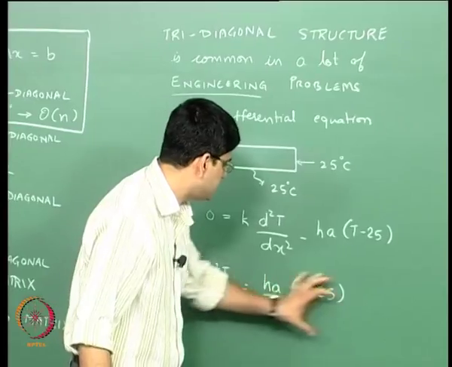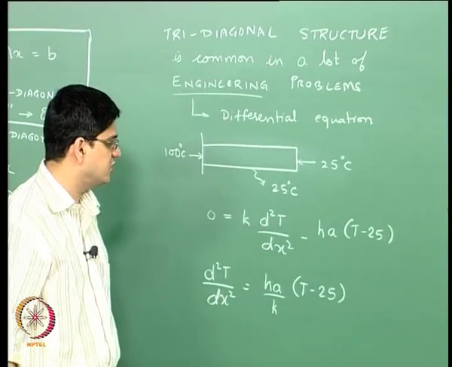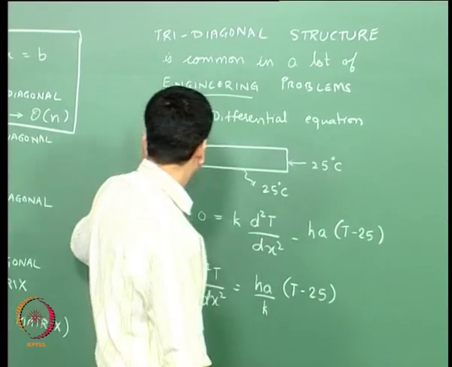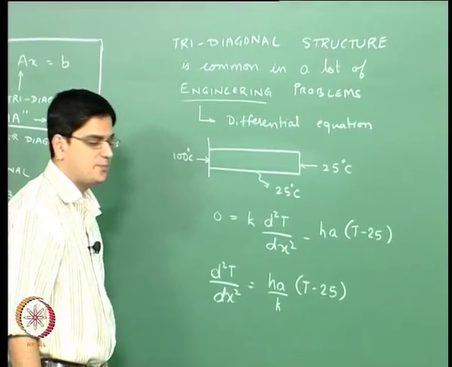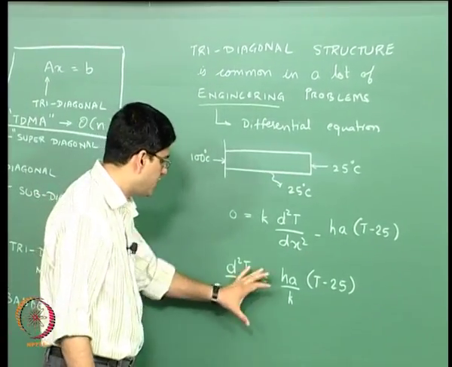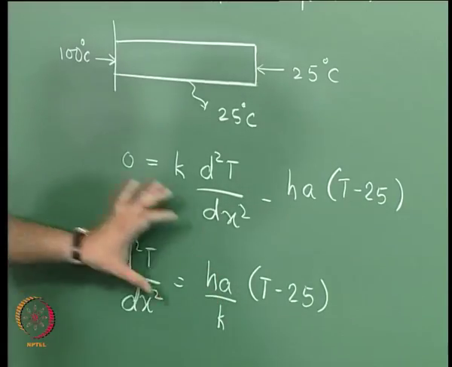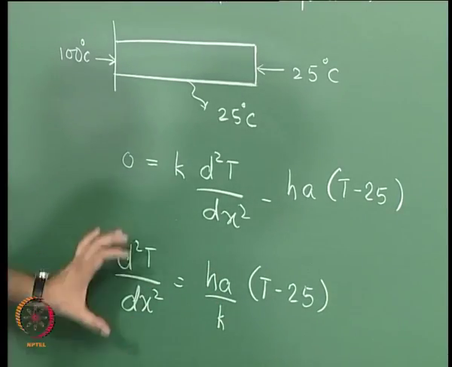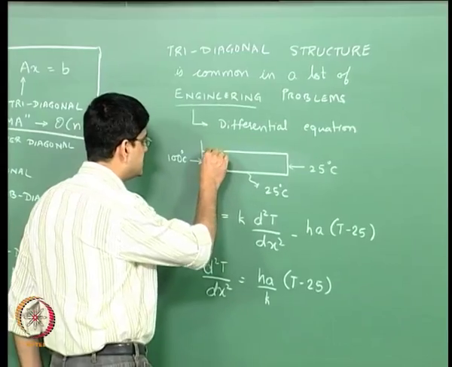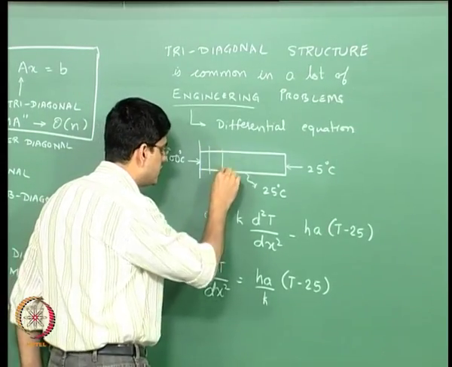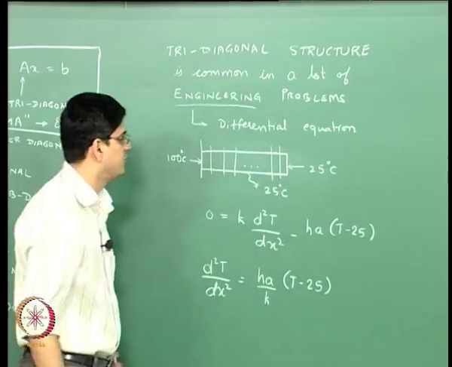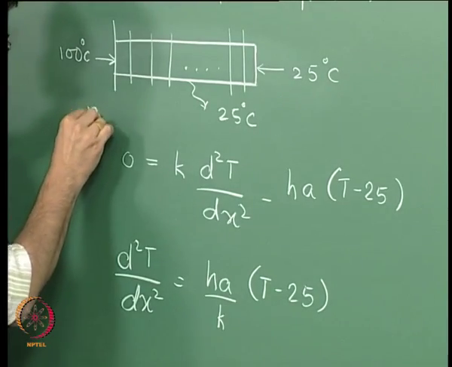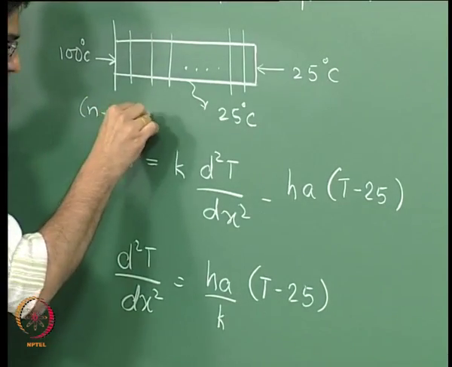Okay, so this is going to be the overall differential equation where one end of the rod is kept at 100 Celsius, the other end of the rod is kept at 25 degrees Celsius. And when we rewrite this particular equation, we are going to discretize this particular rod in multiple segments, and we can discretize this in n minus 1 segments.